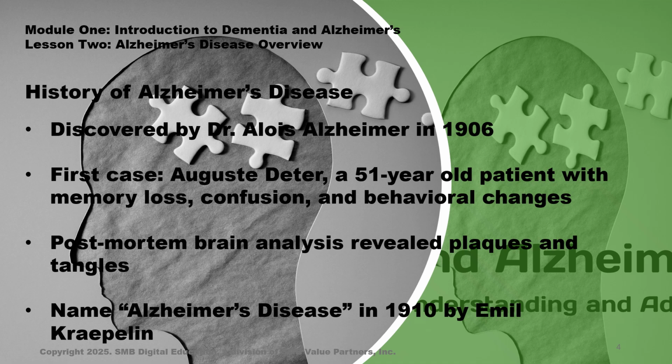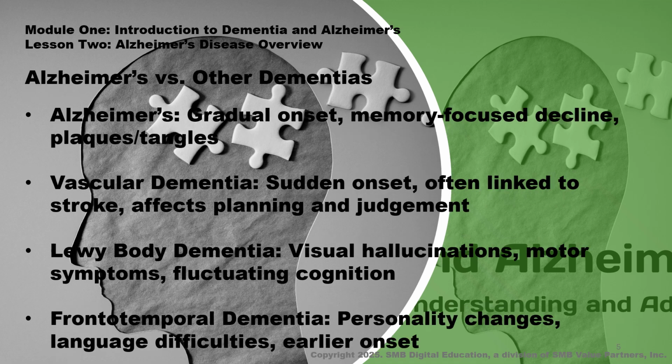Next, let's look at how Alzheimer's differs from other dementias. Alzheimer's is one of many types of dementia, so it's important to distinguish it from others. Alzheimer's typically has a gradual onset, with early symptoms centered on memory loss, such as forgetting names or recent events. It is driven by the buildup of amyloid plaques and tau tangles in the brain.